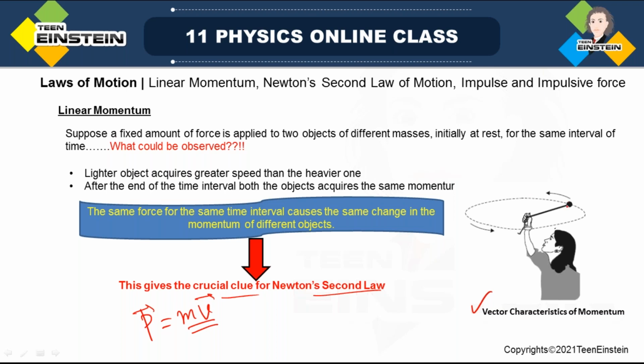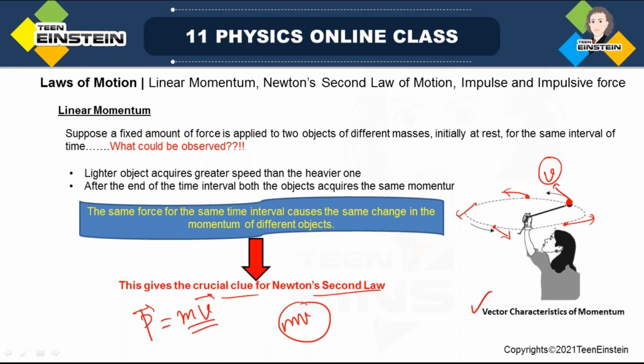In this case we have already learned uniform circular motion. What will happen here? The linear speed remains constant, but the direction always changes. That's why the linear momentum, which is m times v, also changes.